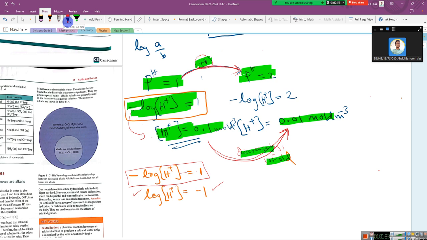pH is equal to 1, and when it's increased by 1, pH is equal to 2. Then minus log H plus equals 1. Then minus log H plus equals 2.